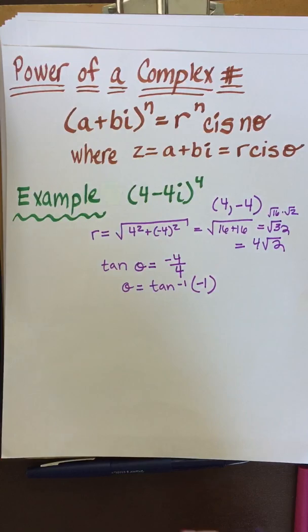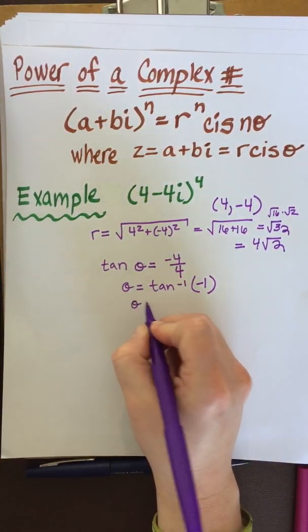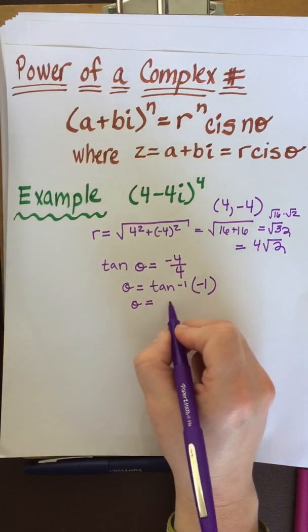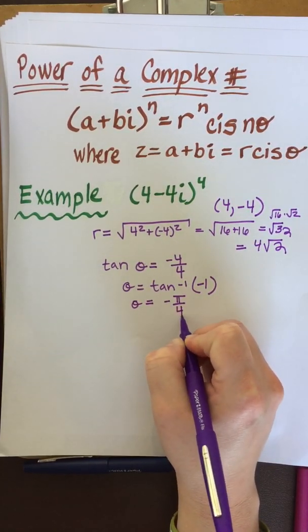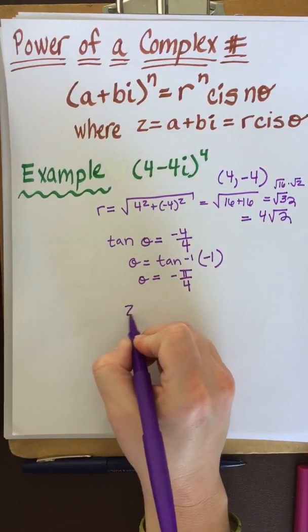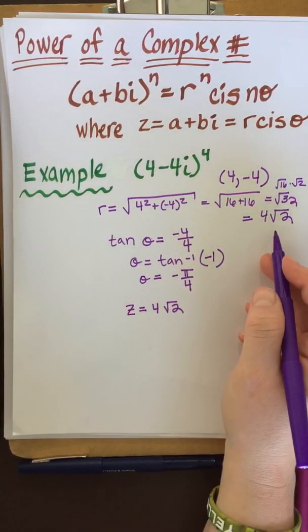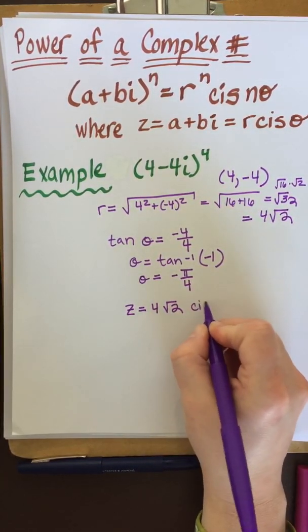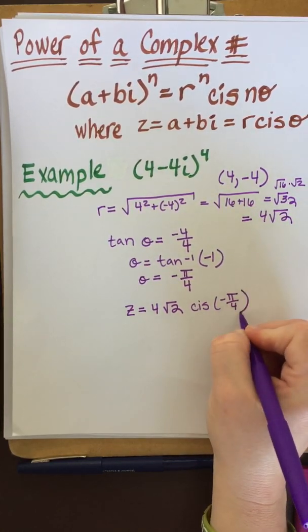And if you want to graph this, you're welcome to. So theta would be negative pi over 4. All right. So now we've got that z is equal to 4 times the square root of 2, what we got for r, cis negative pi over 4.